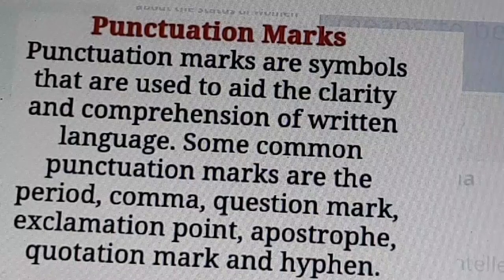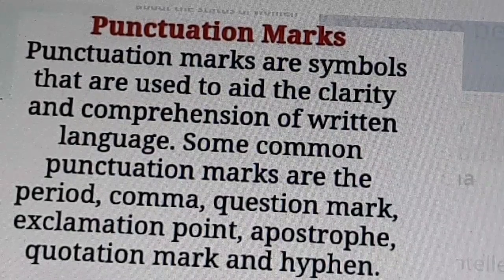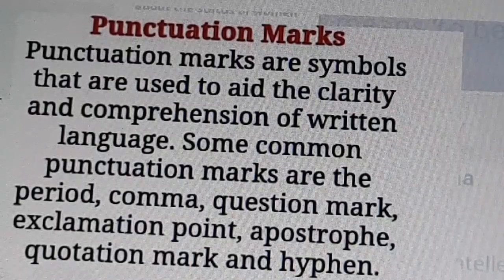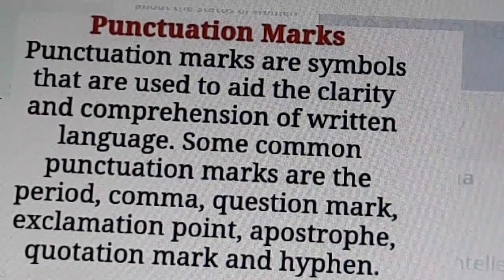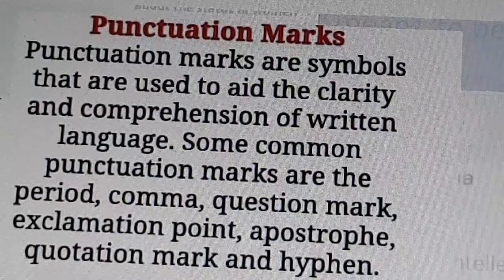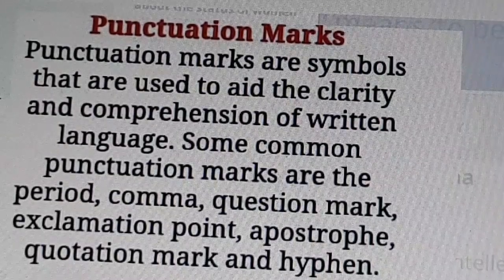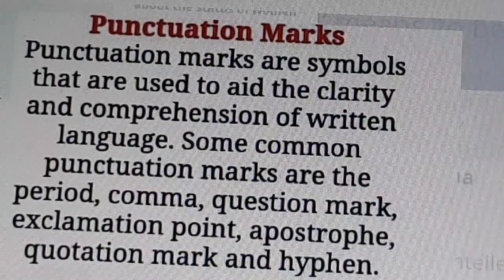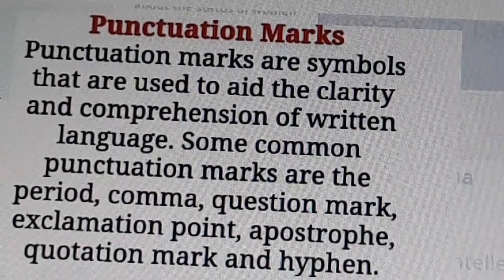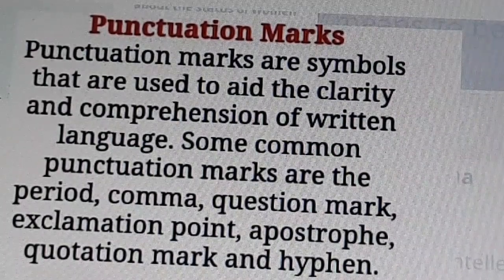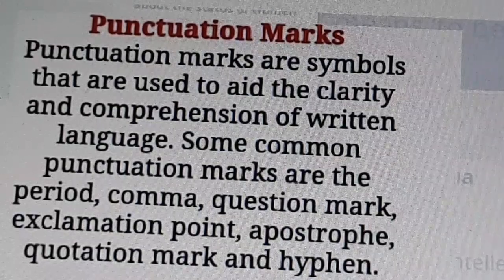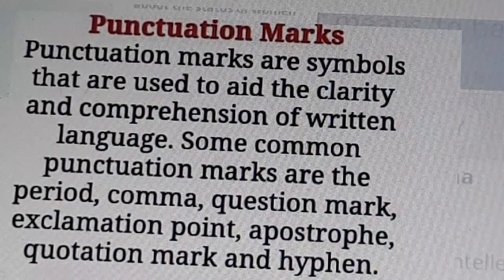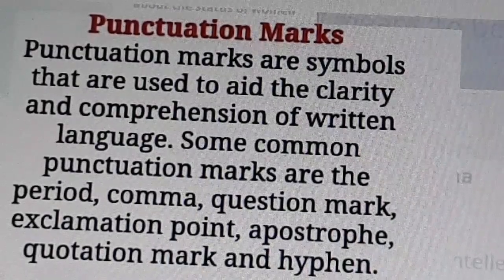Punctuation marks are symbols that are used to aid the clarity and comprehension of written language. Some punctuation marks are the period, comma, question mark, exclamation mark, apostrophe, quotation mark and hyphen.